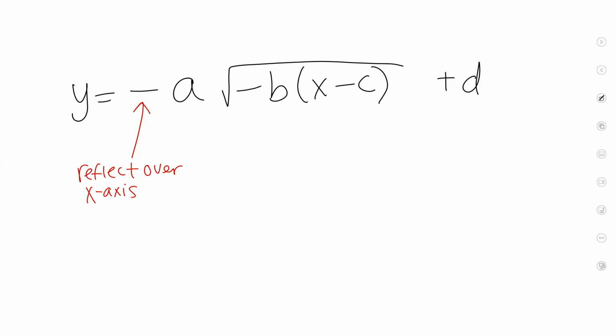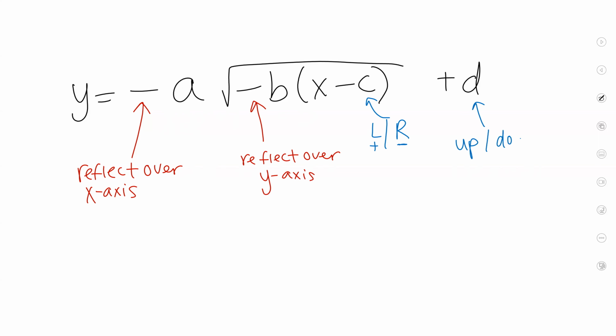What about the negative on the inside? What does that reflect over? The y-axis. Okay, what does the C value do right here? Move to left or right. Good, left or right. So if it's a positive sign, it's left, and if it's a minus sign, it's right. It's opposite. And what does the D value do? Yes, up and down. Thank you.